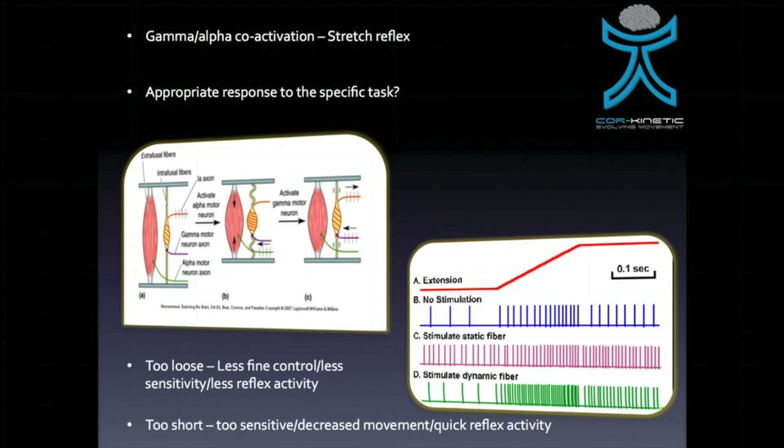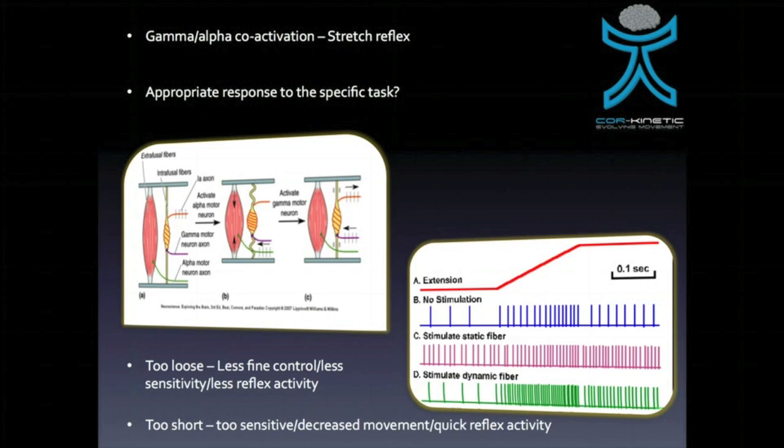So it's important that we're able to change that activity appropriate to the task. And often after injury, we see rigidity and we are unable to create that change. Now, a dynamic mobilization is creating low-level movement that the afferents are able to interpret as non-threatening and therefore create the appropriate motor response.